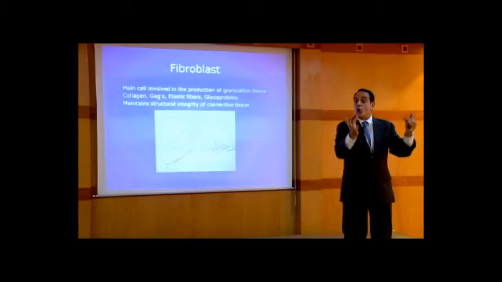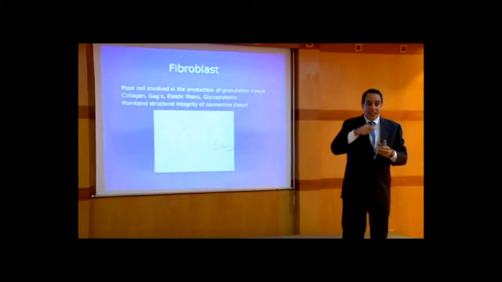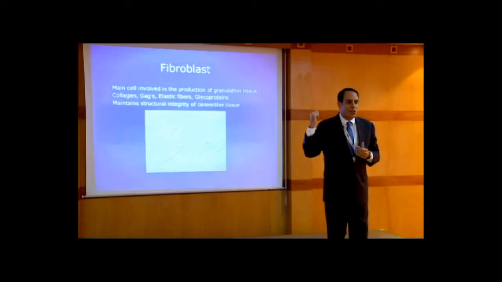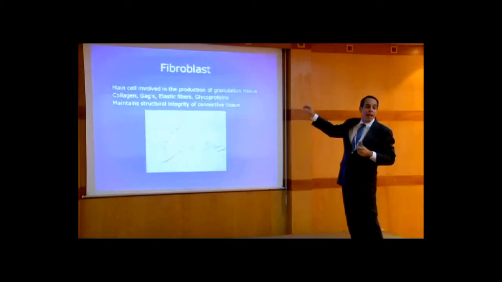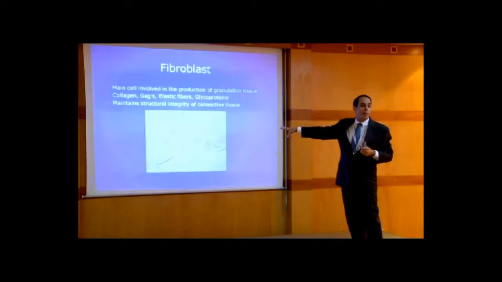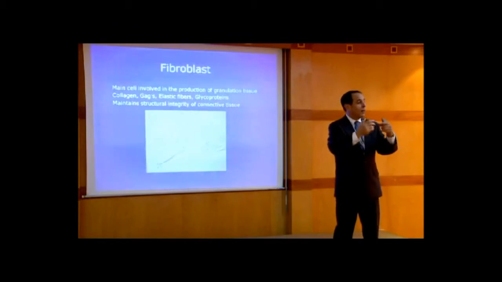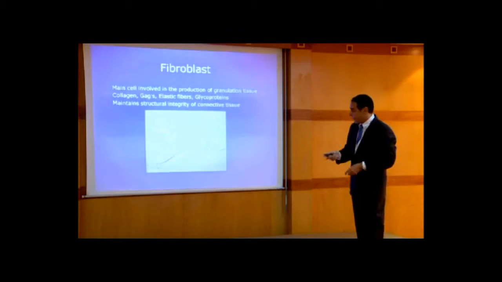Think of a bunch of grapes. The grape is the parenchyma and the vine is the stroma. Same concept in wound healing. This is your stromal makeup, your stromal composition and your contribution to establishing that framework, the foundation for healing.